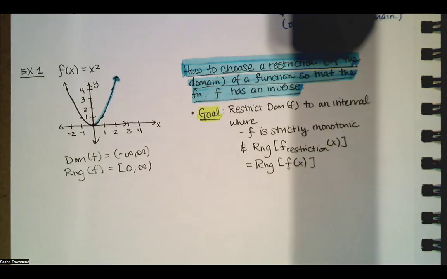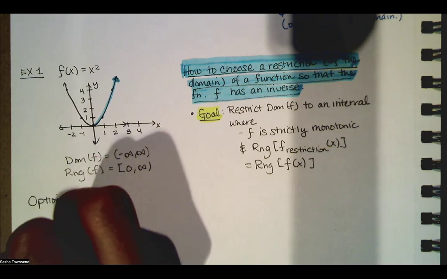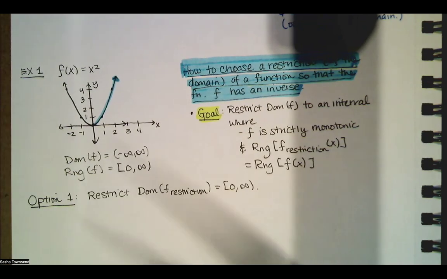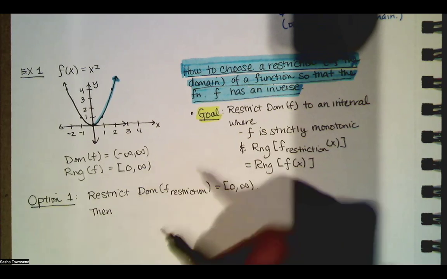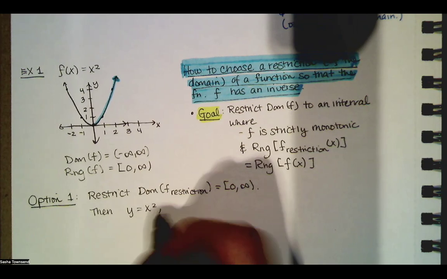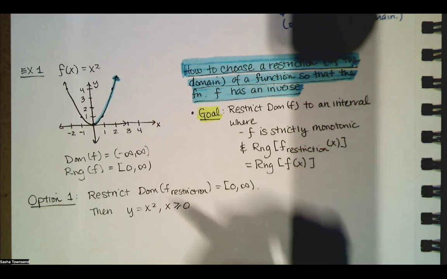If we choose that restriction, then y equals x squared, where x is greater than or equal to 0, has this as its inverse function.